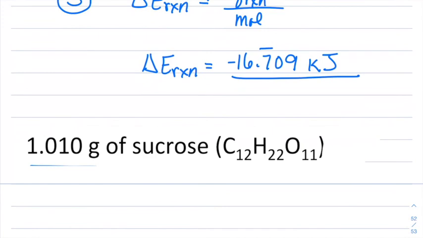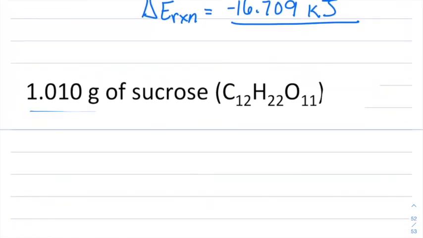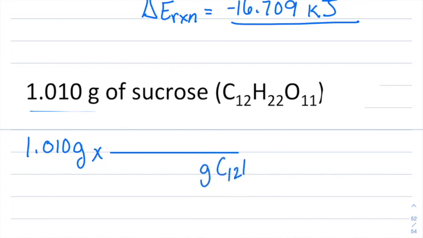All right, so we've got to figure out how many moles these are, and that's a simple grams to moles conversion. So I'm going to say 1.010 grams. And next we're going to use the molar mass of our sucrose.